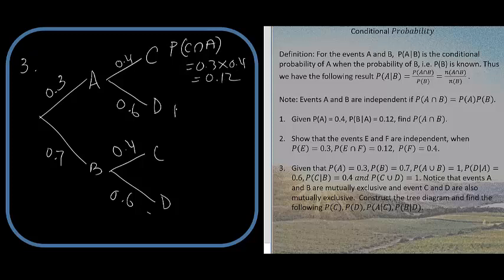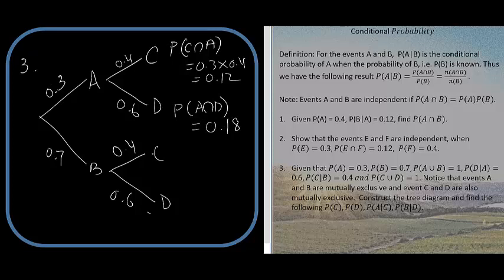Then this one will be D given A, but then you can multiply and say A intersection D. So that one will be 0.3 times 0.6, which is 0.18.